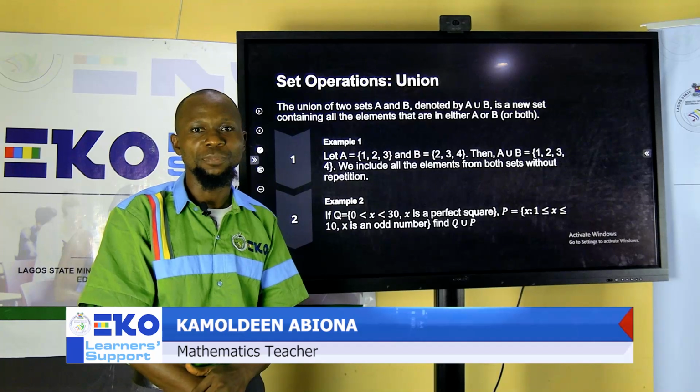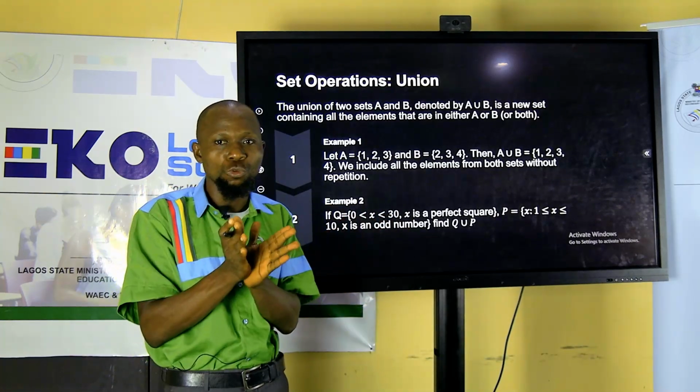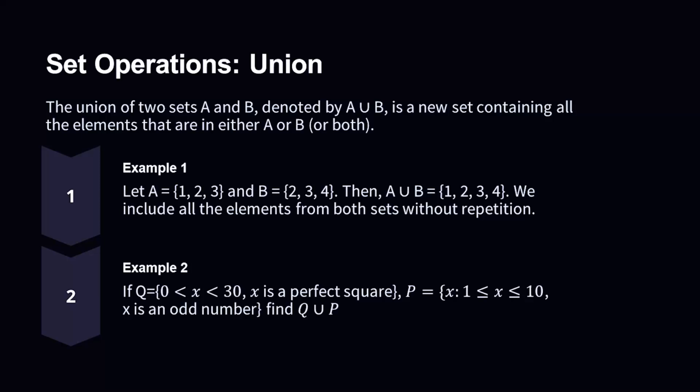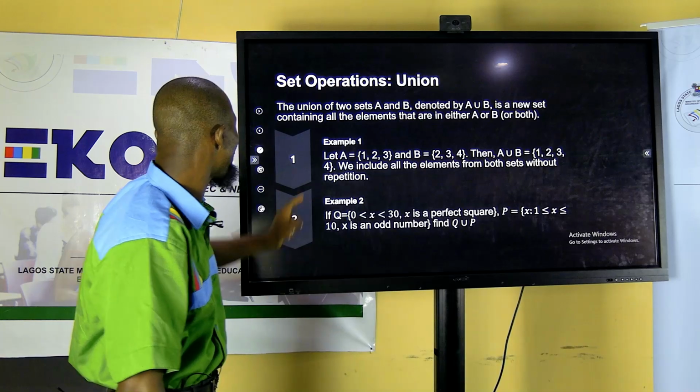When we say operation in mathematics, we use it to combine two or more elements. All right? So, union of a set. It contains either A or B, meaning you are merging two or more sets together without repetition. Don't forget, without repetition. All right?